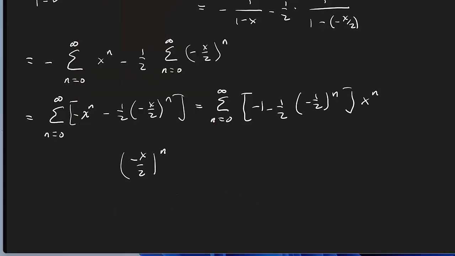Okay, all right, so we're getting there. And so now I'm going to have the sum from n equals 0 to infinity, and that's going to be minus 1/2 to the n plus 1, and that's times x to the n.